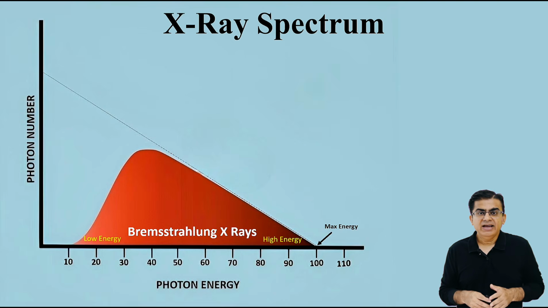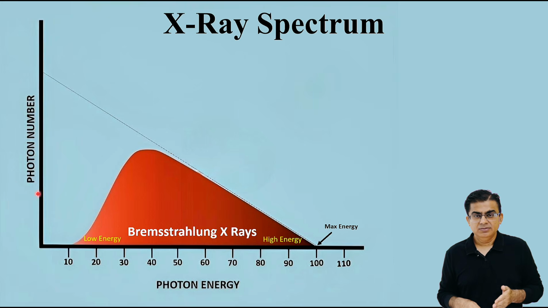Let us now combine everything we have learned to build our complete clinical X-ray beam. Before we add our new characteristic spikes, we must quickly remember what our Bremsstrahlung spectrum looks like. On the vertical axis, you can clearly see the total photon number.